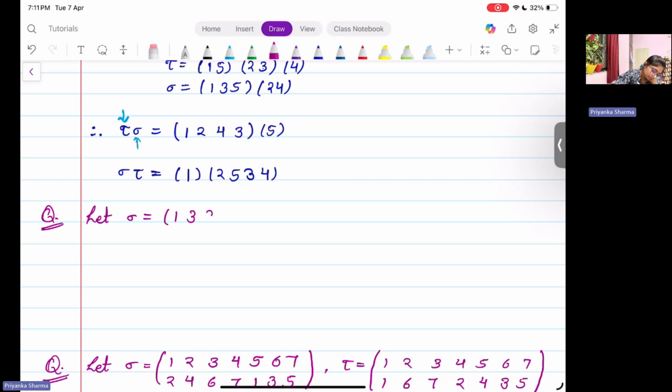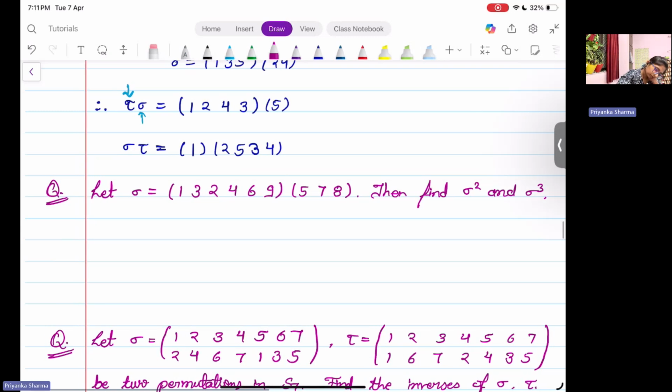Say (1, 3, 2, 4, 6, 9)(5, 7, 8). Okay, that's it. Then find sigma square and sigma cube.